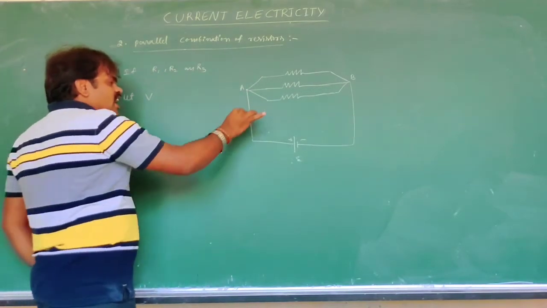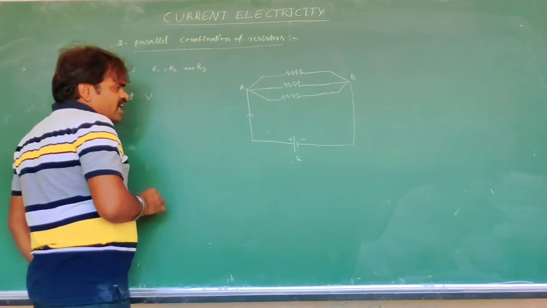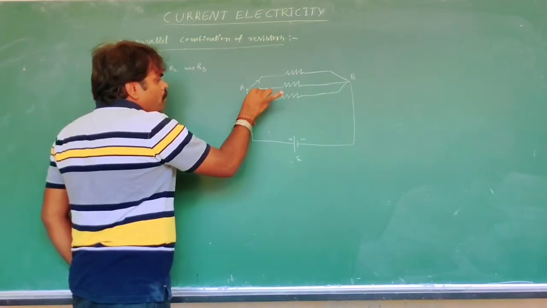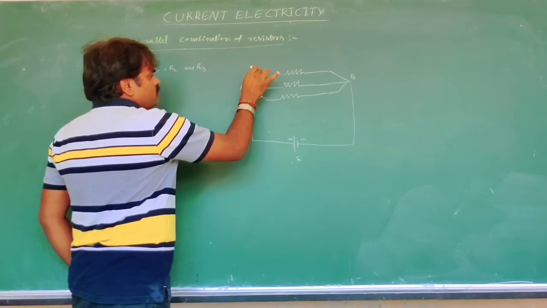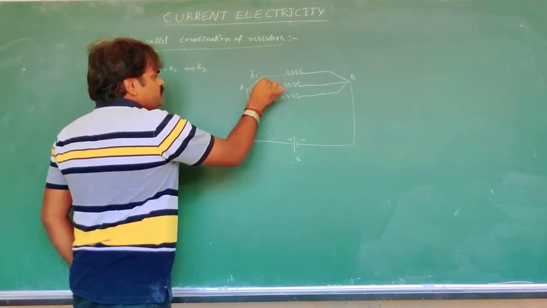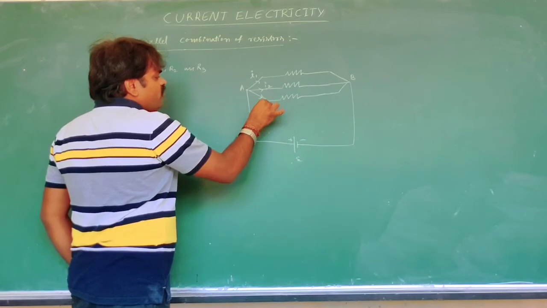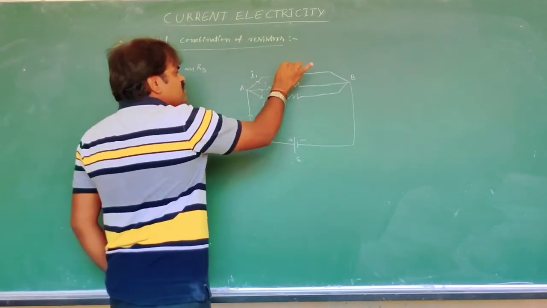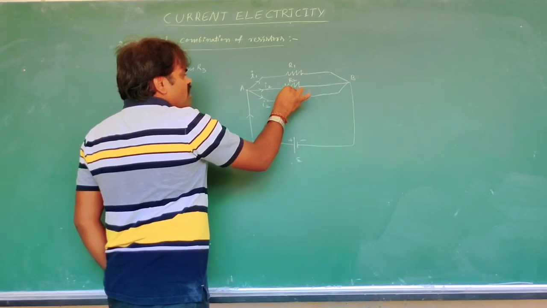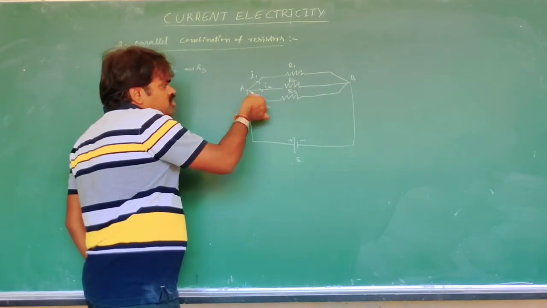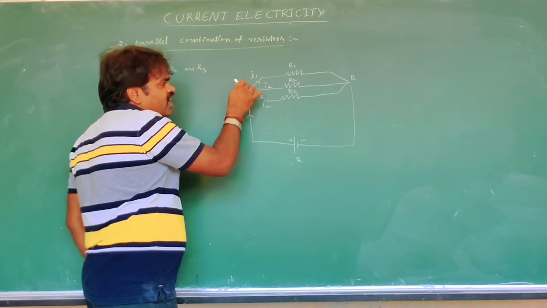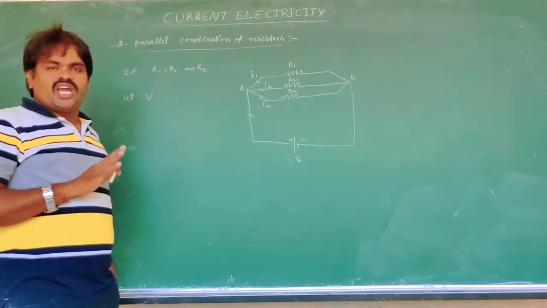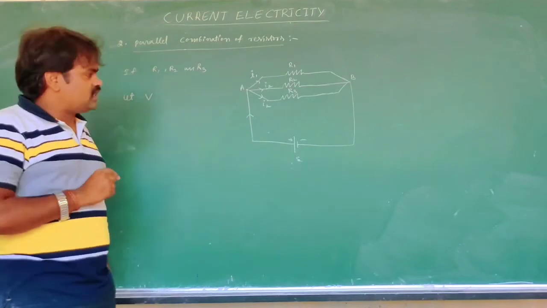Here the current I itself divides into three parts, because in the parallel combination it is possible for current to flow in different paths, but in the series combination the current has only a single path.